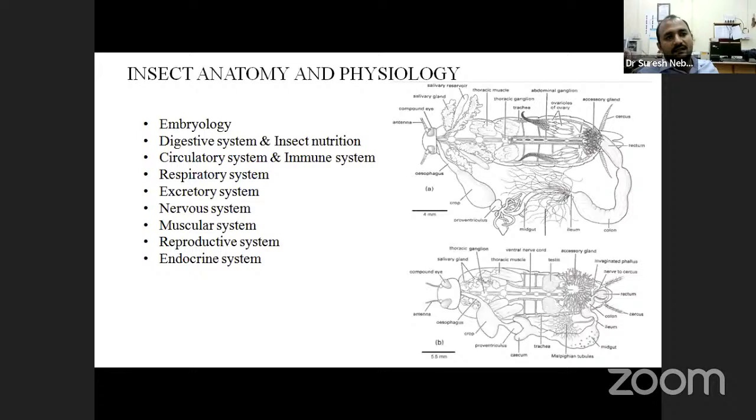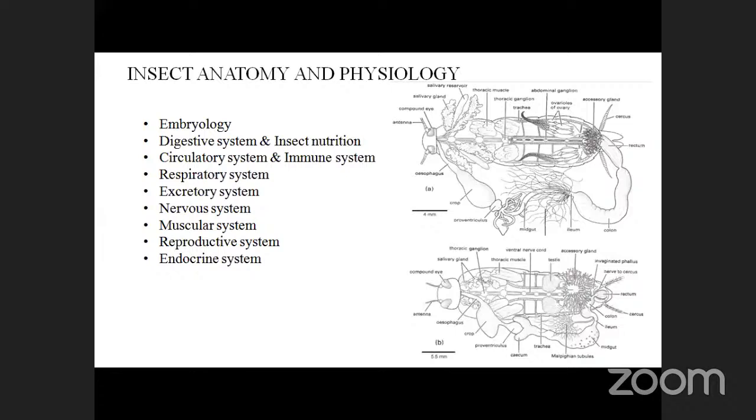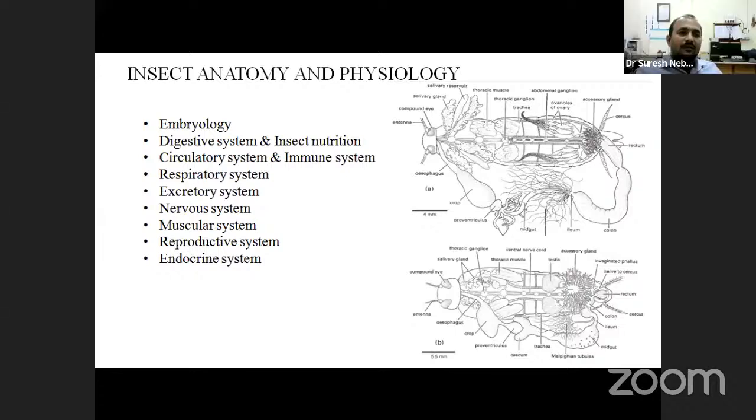Then insect anatomy and physiology is another very important section. In this section, usually you know about the systems like digestive system, circulatory system, respiratory system, excretory system. When you are studying for your competitive exam, along with your notes, you can take the Pant and Ghai book for these anatomy and physiology sections, the various insect systems.